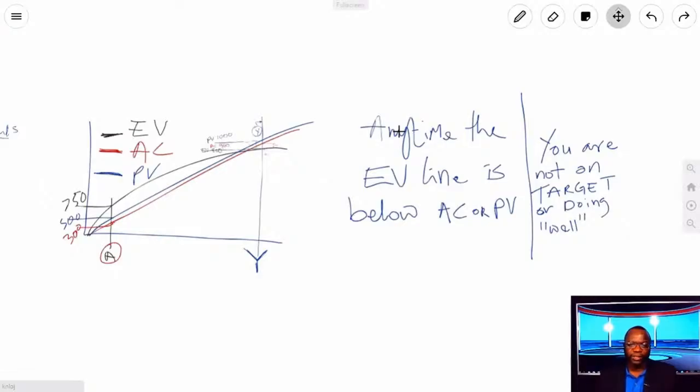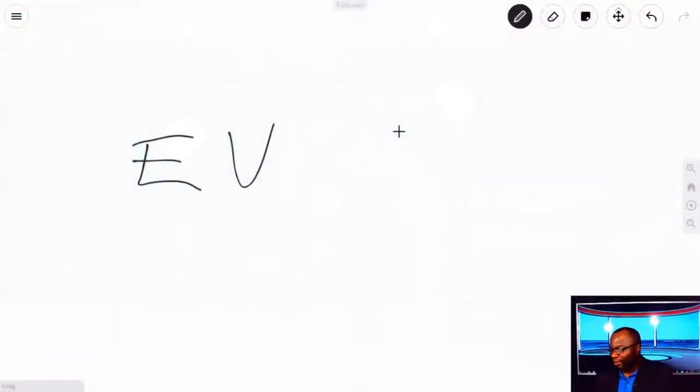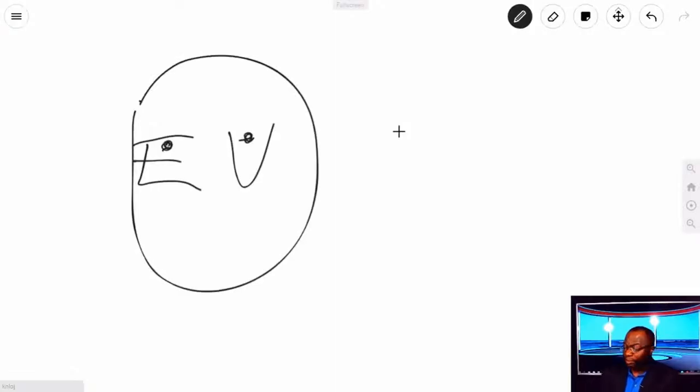Because earned value is the boss. Earned value is the boss of the whole show. Didn't you know? Earned value is running the show. Right? You want to talk about the old-time Boston gangsters? EVM takes no prisoners. Earned value takes no prisoners. Earned value, as they say, don't play.